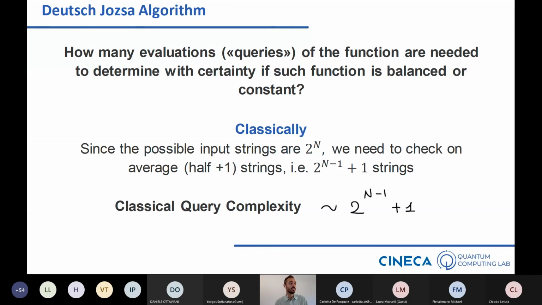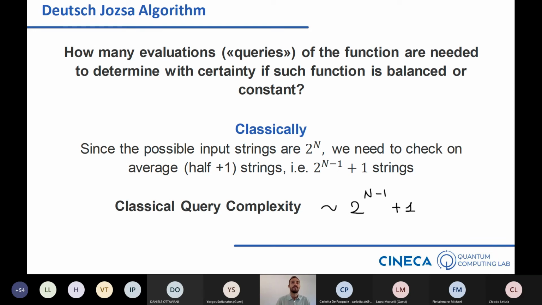So you always got in the first half all the strings that gave the same answer. So the half plus 1 is going to resolve your problem.